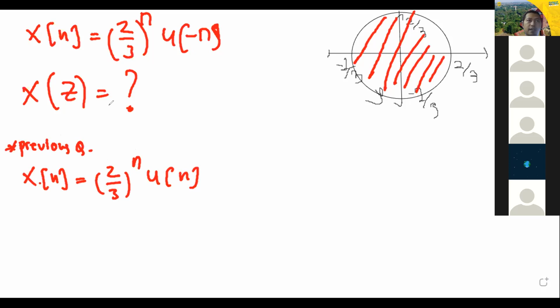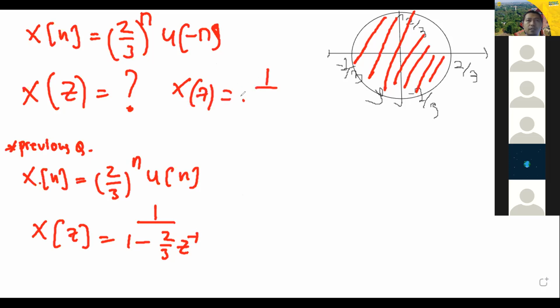And the Z transform here is 1 by 1 minus 2 per 3 Z minus 1. For the result, the Z transform here is also similar.